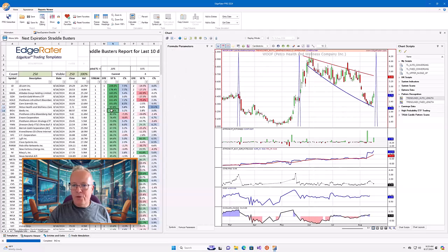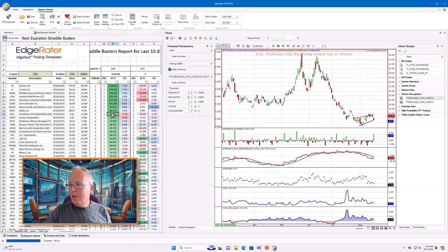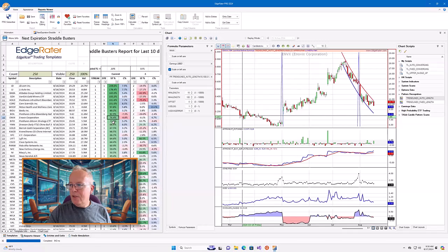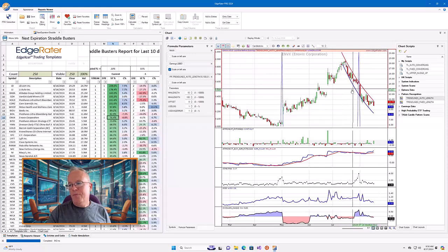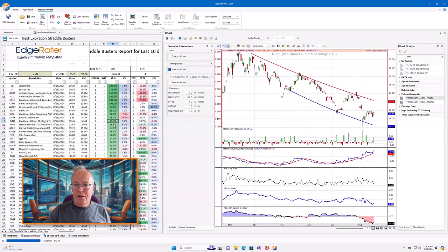Right, let's just go down through the list a bit more. We might find some interesting trend lines in here. Here's another one, where both the upper and lower are curved because of the log scale. And the Bitcoin ETF, BITO.